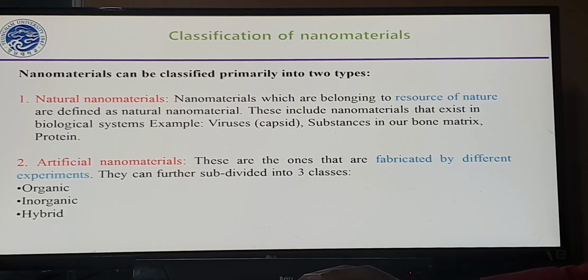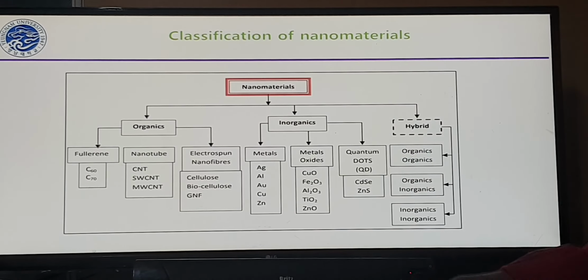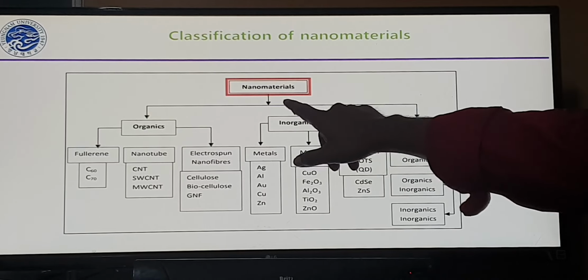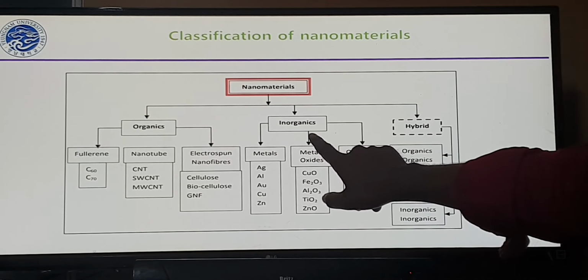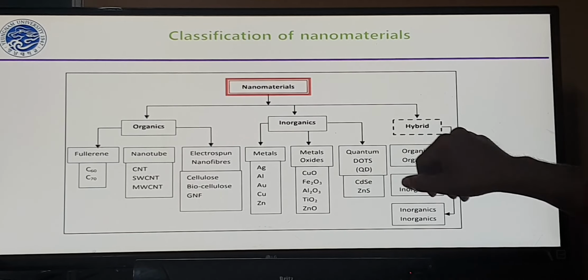Based on their chemical and optical properties, we can divide artificial nanomaterials into these three categories. Here you can observe the classification: organic, inorganic, and hybrid nanomaterials.